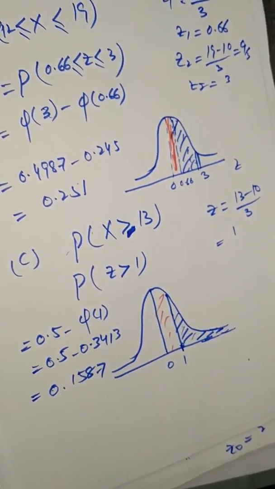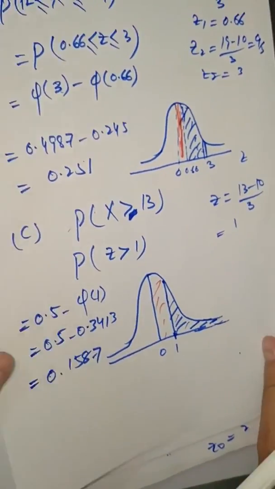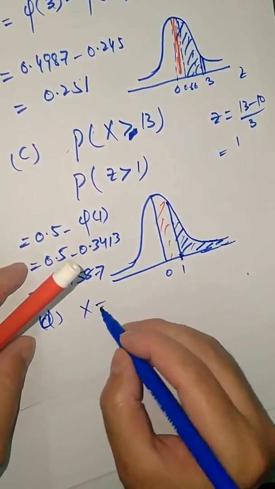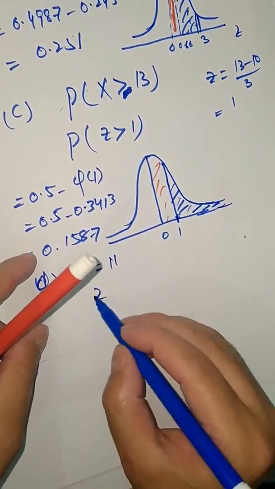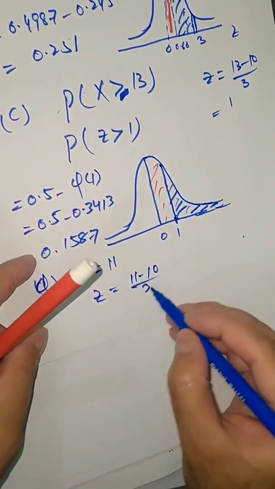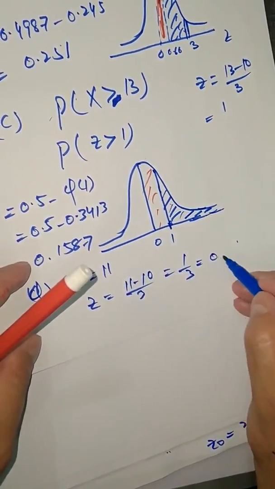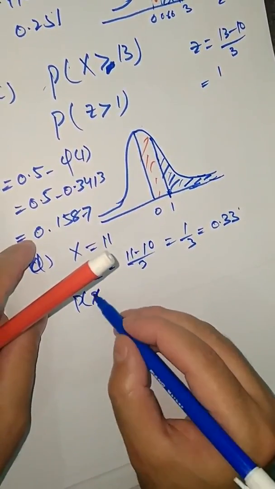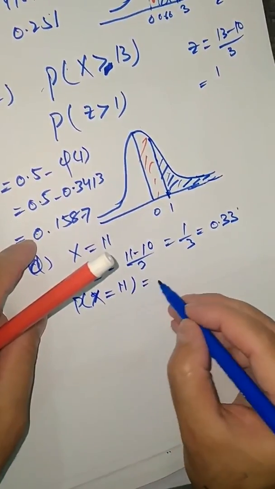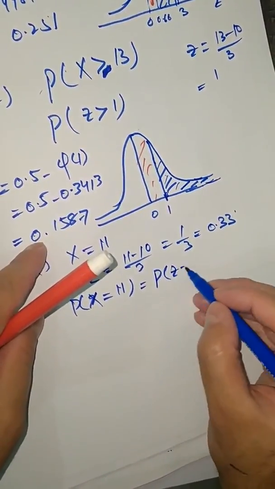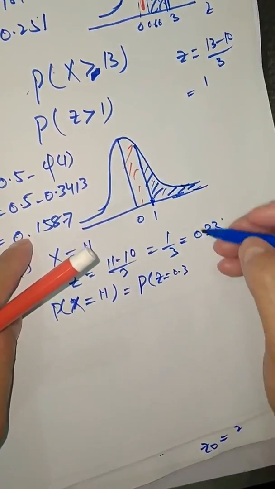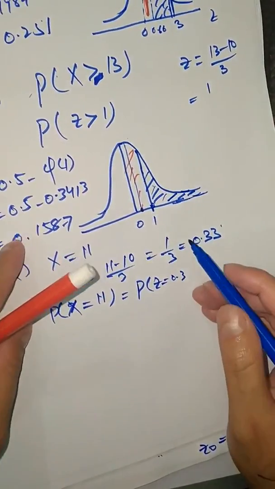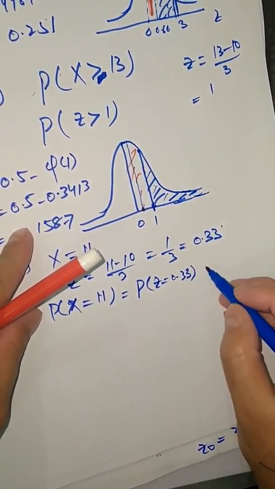Now again, part d, at x equal to 11, I will get z equal to 11 minus 10 divided by 3, that is 1 over 3. Z is equal to 0.333. So the probability of x equal to 11 would be the probability of z equal to 0.33. At any single point, the probability would be equal to 0.